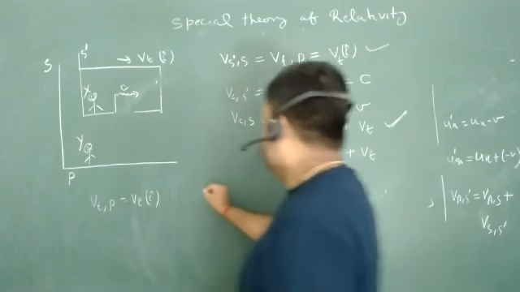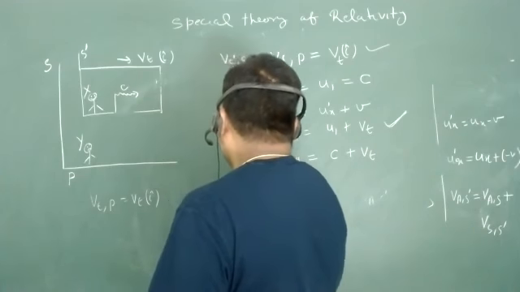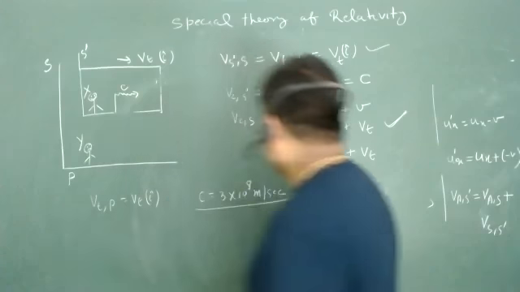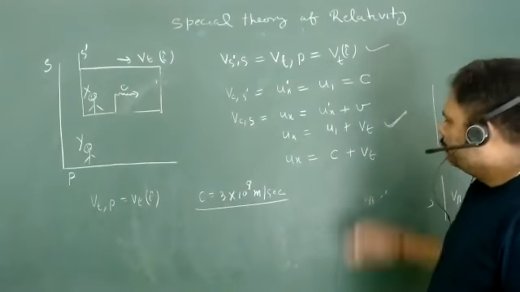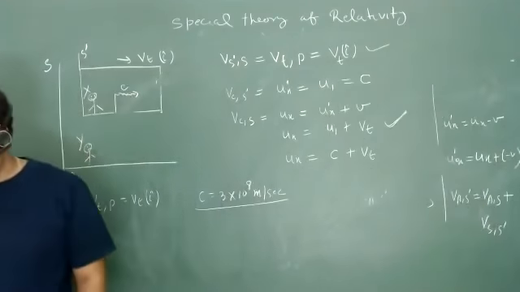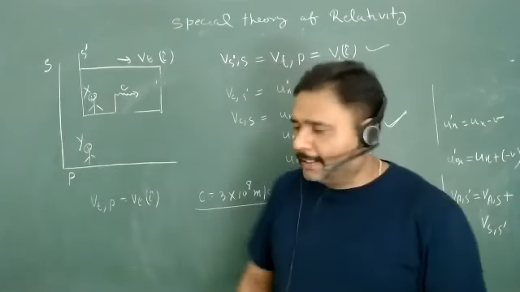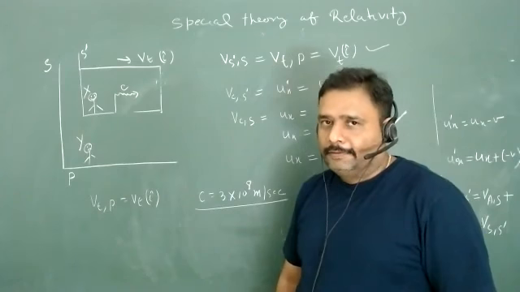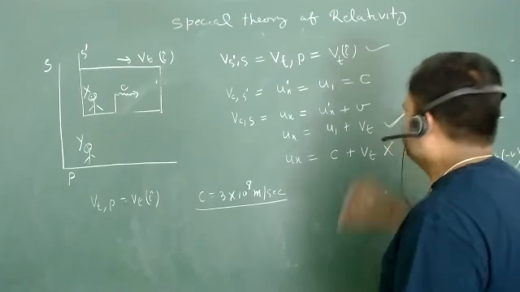And c is 3 times 10 to the power 8 meters per second. Now ux is equal to c plus vt. Is this answer correct or false? This answer is absolutely false.